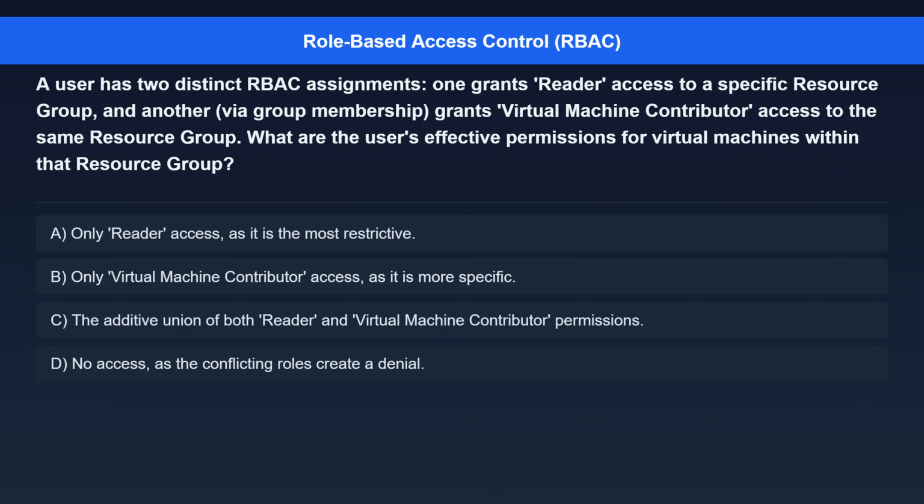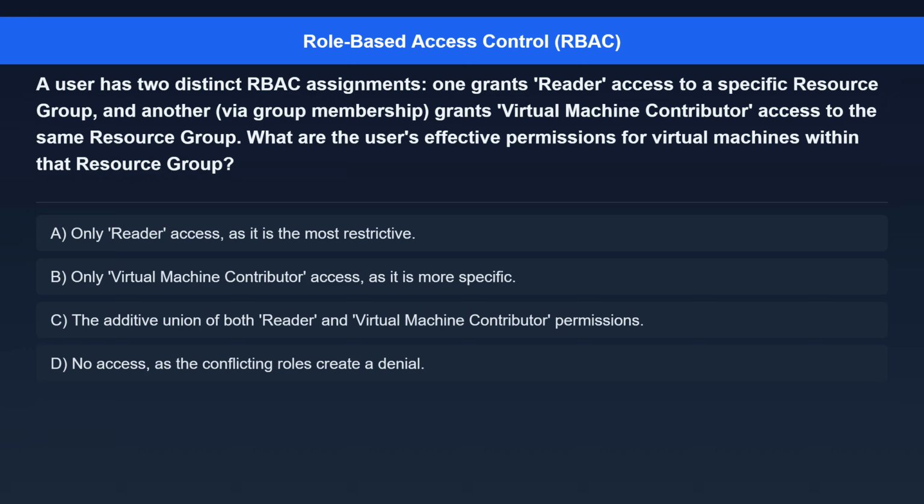Question 5. A user has two distinct RBAC assignments. One grants Reader access to a specific resource group, and another, via group membership, grants Virtual Machine Contributor access to the same resource group. What are the user's effective permissions for virtual machines within that resource group?